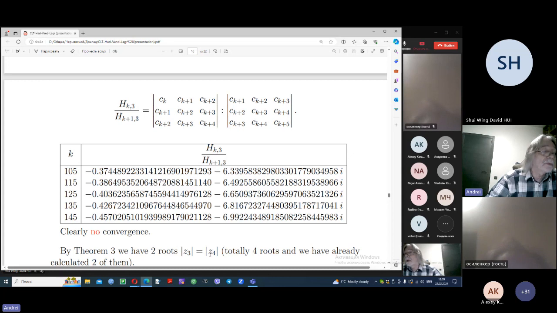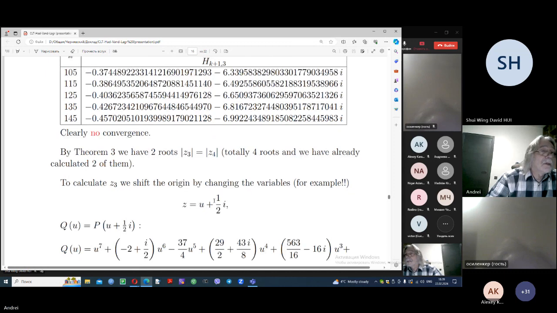So what do we have to do? We have to shift the origin in a way that it will not be the symmetry axis between the two. We do not know what the symmetry axis is, so simply by trial and error, let's try. Let us say we shift our origin along the imaginary axis.